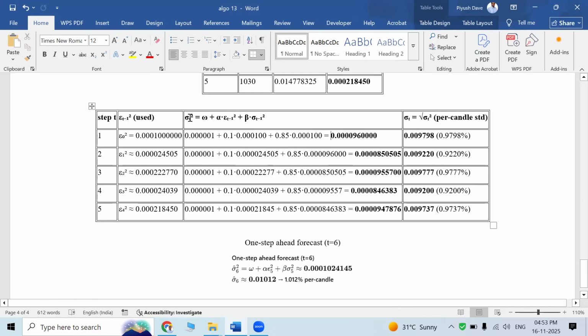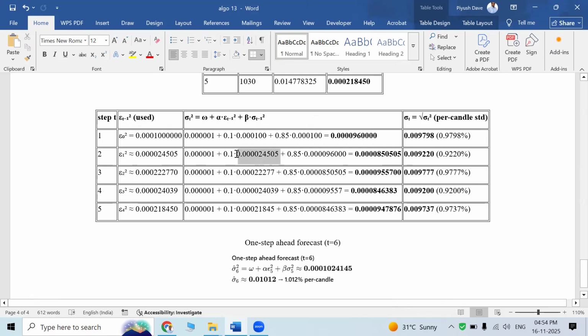Okay, so sigma, from the sigma we are going to find out the root of sigma. So it predicts that there is a 1% volatility in the market. Again, sigma square next value. So this is the previous value, omega is constant.